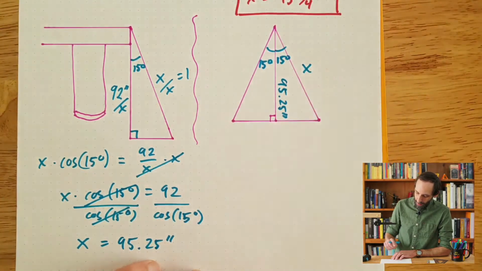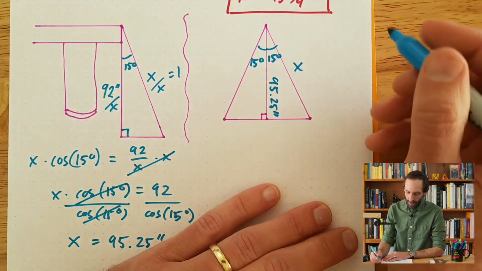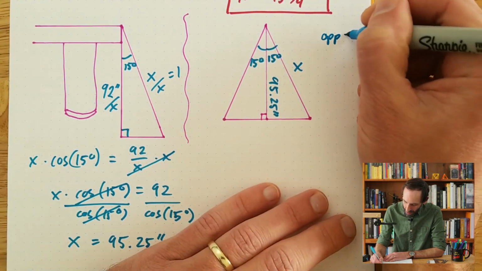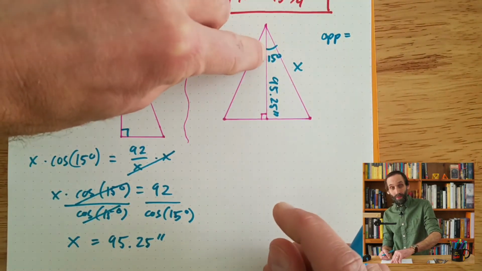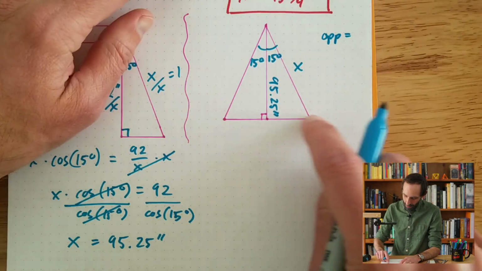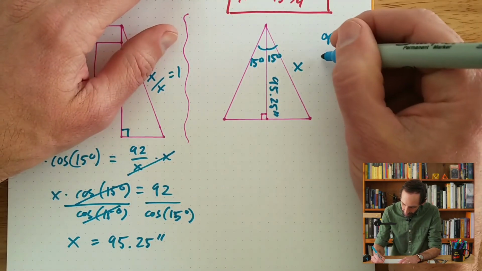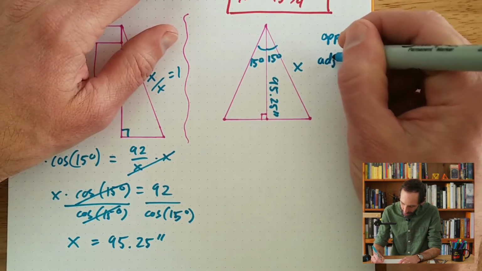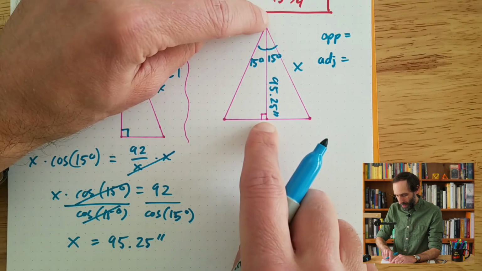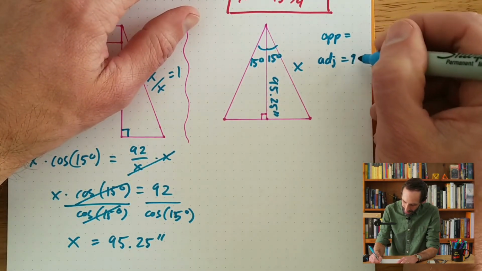Okay, so now let's take the other approach, where we just write down the opposite, the adjacent, and the hypotenuse. From the perspective of my 15-degree angle, the opposite, I don't know what it is, and I don't really care because I want to know this length. The adjacent is this side right here, so 95.25.